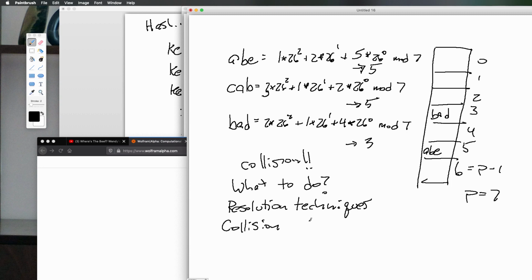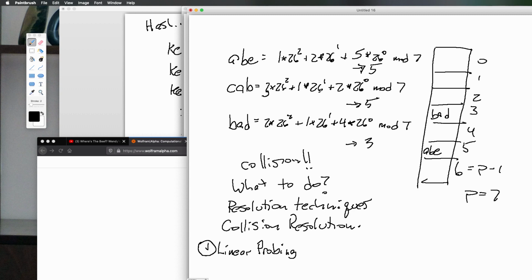Almost sounds like a negotiation. Collision resolution. Okay, and method number 1 is what's referred to as linear probing. So first of all, we use the word probing in hashing.